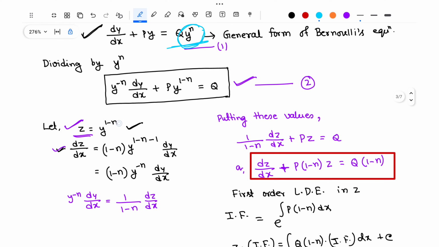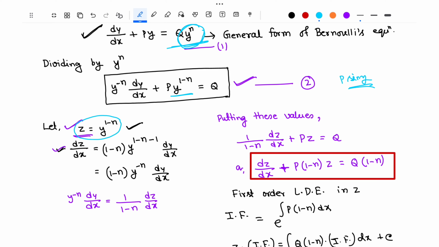Second step is you have to put z equal to the term which is attached with the value P. Here with P you have y to the power 1 minus n, that's why I have taken z equal to y to the power 1 minus n. Suppose here you have P sin y, in that case you take z equals sin y.